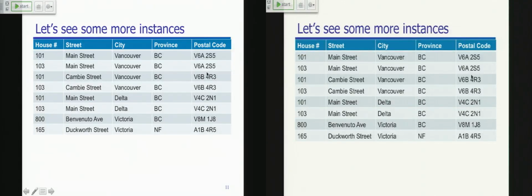For example, when I see this specific instance, I can already tell you that a functional dependency from city to province is not true, because I can see a counterexample of that already inside this database. So I cannot come up with all the functional dependencies, but I can validate them.